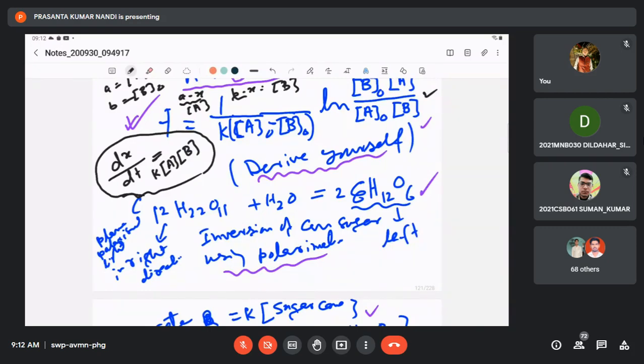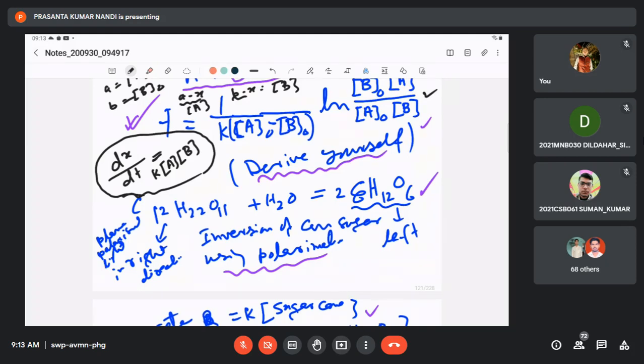If that light passes through a solution containing sugar, C12H22O11, it can rotate the plane polarized light in the right direction, that is the clockwise direction.